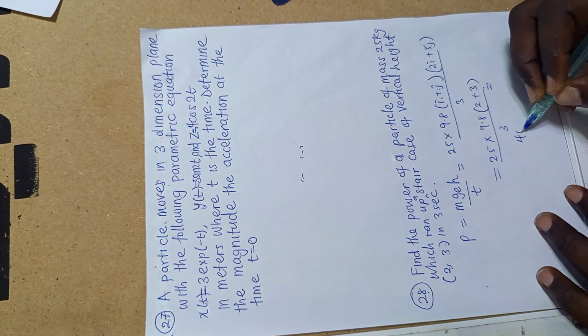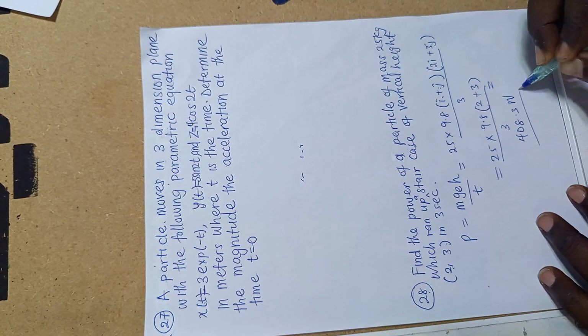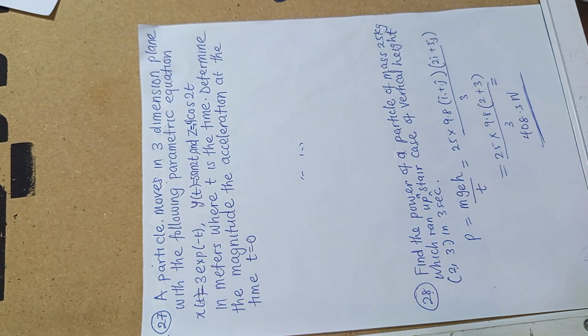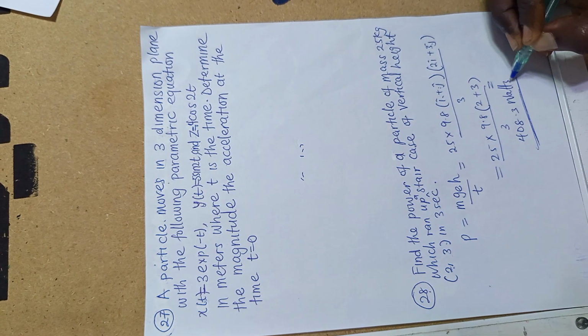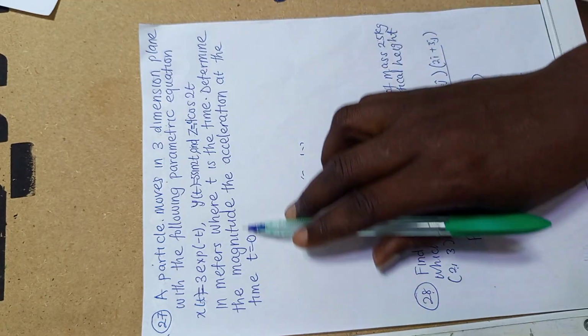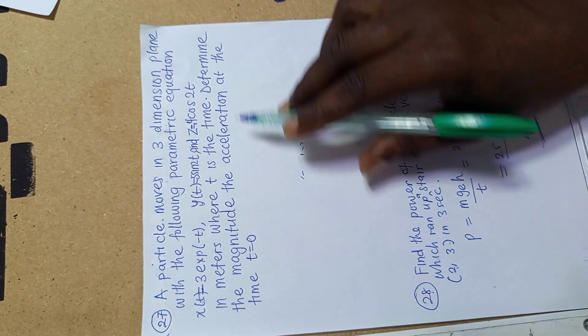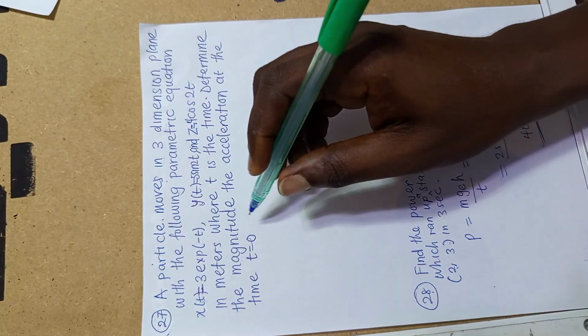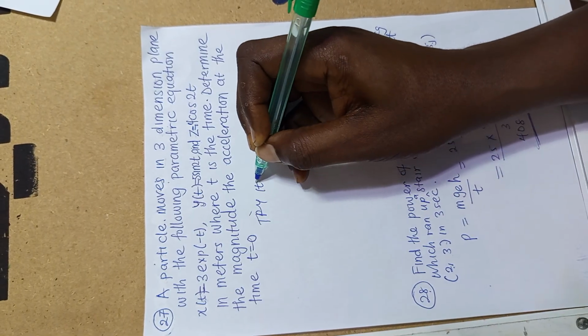We are going to have 408.3 watts. To get this one is very easy, we have solved something similar to get magnitude. So use that one to solve it, try it.